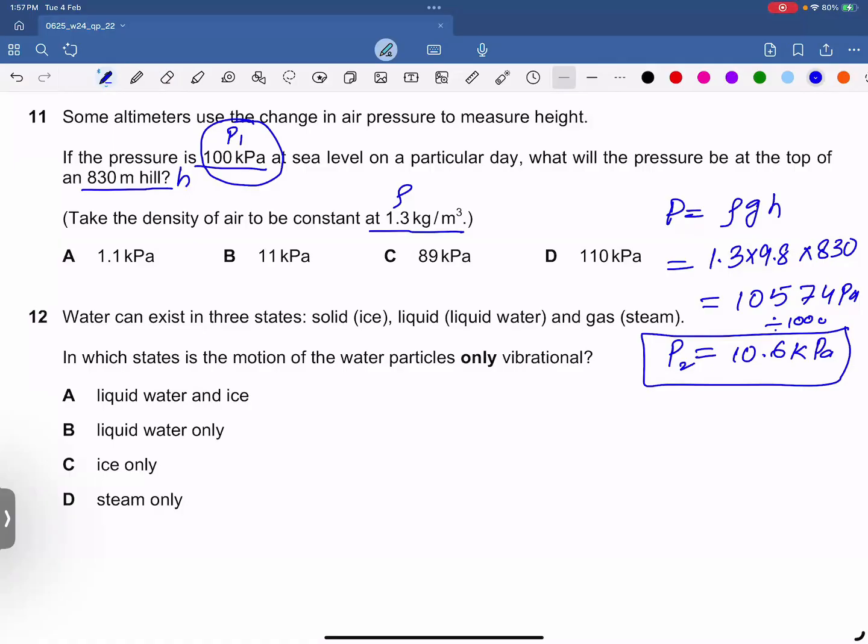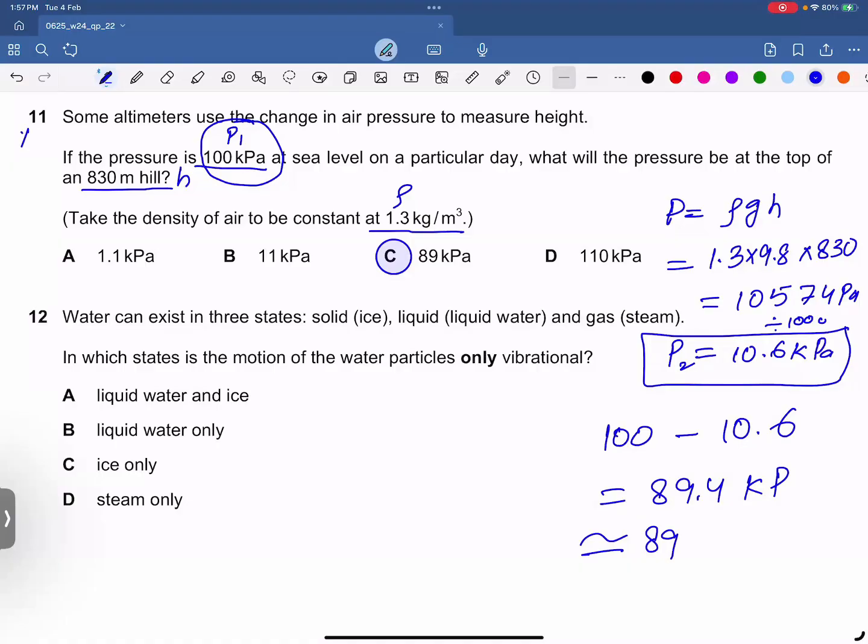As you keep going to high altitude, the atmospheric pressure decreases. So the net pressure you will do is 100 minus 10.6, which is 89.4 kilopascals, approximately 89. Option is C, my dear students.